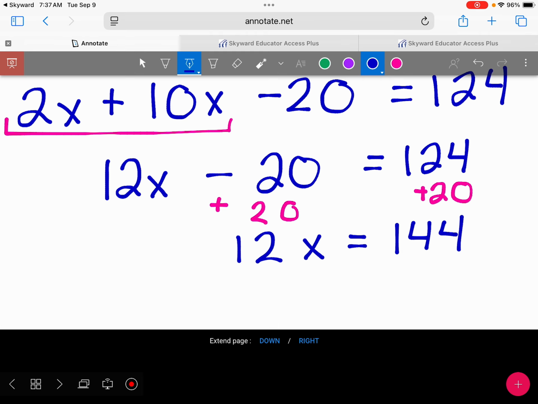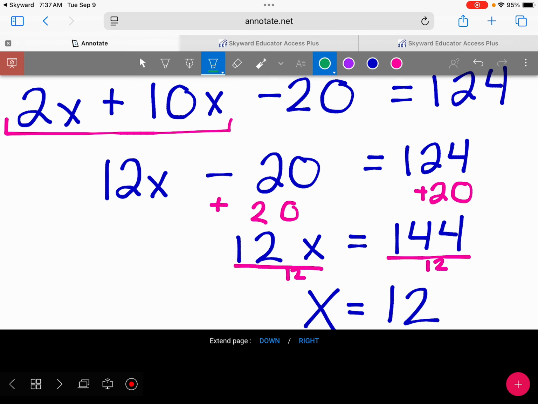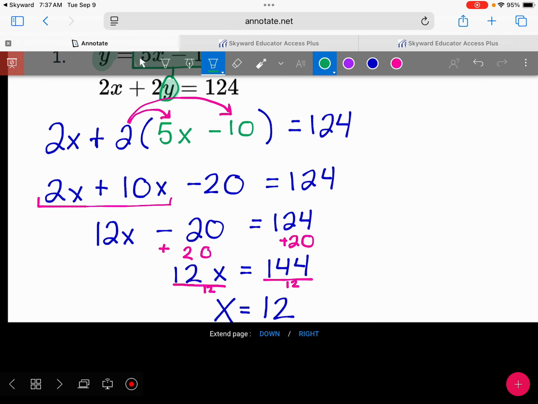We're going to divide both sides by 12, because I want to get that x by itself. So what do we get? What does our x equal? 12. 144 divided by 12 is 12. So that gives me part of my answer. I know my x is going to be 12.